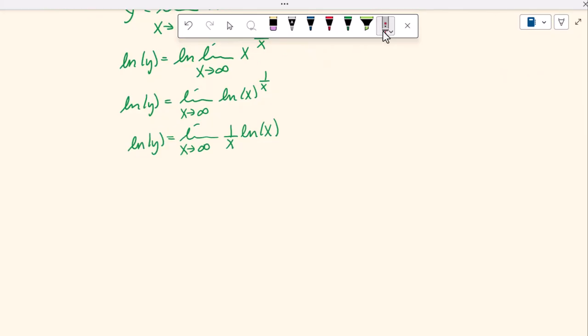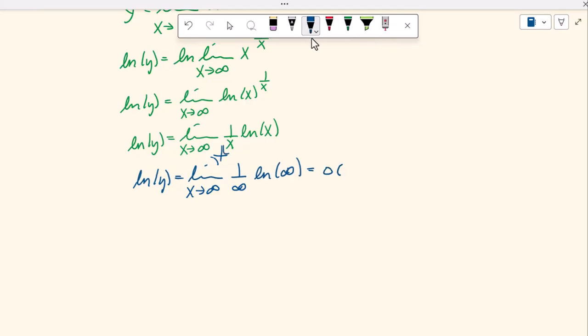Okay, and we've seen this a lot. I'm thinking we're going to have to rewrite, but let's just go ahead and work on it so far and take that limit. So this would be 1 over infinity, natural log of infinity. Okay, what does that look like? Well, here's our 1 over x again, and as x goes toward infinity, this is going towards 0.